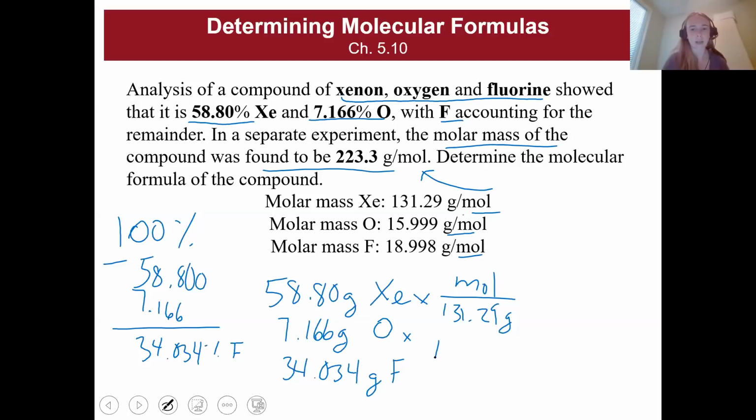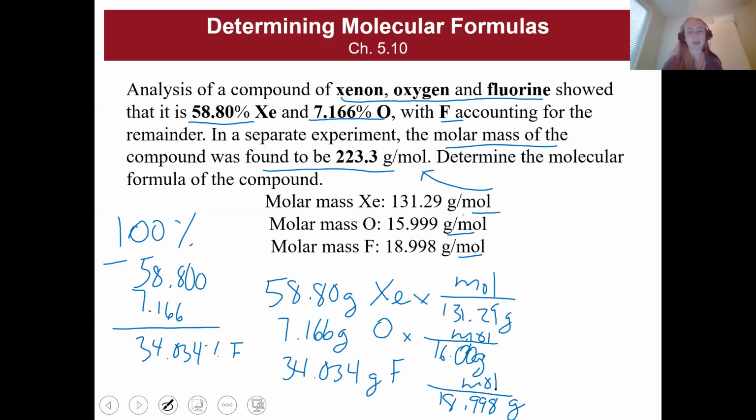Oxygen, we're going to divide by 16. I'm just going to round it to 16.00 grams because that's what we've been using, with moles on top. And fluorine, I'm going to do 18.998 grams with moles on top.